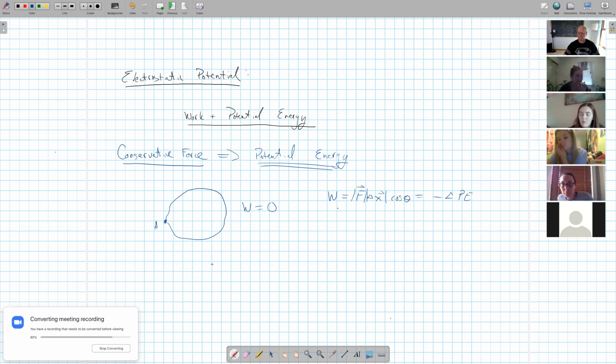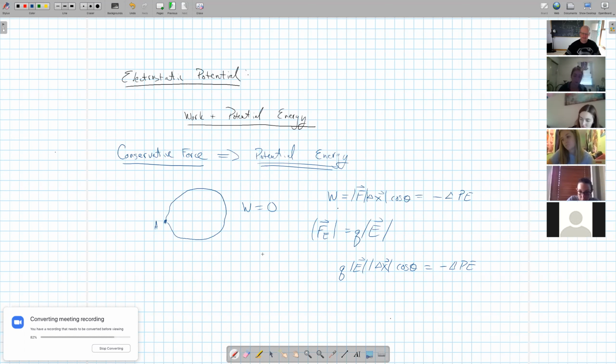Right. Now, in this case, we have what's known as the electric force, which we'll see in a little bit. We can actually rewrite the electric force as being equal to the charge times what's known as the electric field. Okay, we'll get there in a little while. But anyways, what this says is that we can rewrite this as the charge times the magnitude of the electric field times the magnitude of the displacement times cosine of the angle between the two, which is equal to minus the change of potential energy.